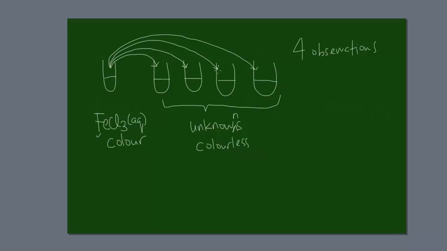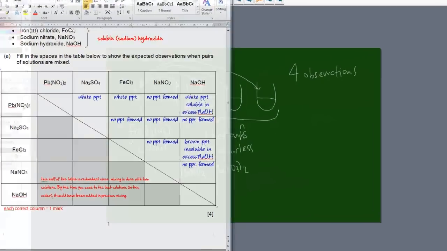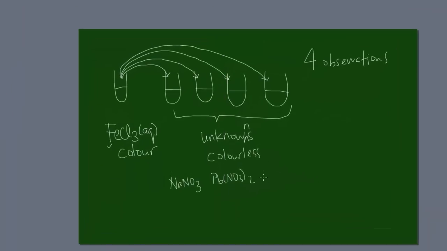Now, follow me closely. Let's say I have this first solution as NaNO3, and I have this solution as Pb(NO3)2, and the others are Na2SO4, and this one is NaOH.